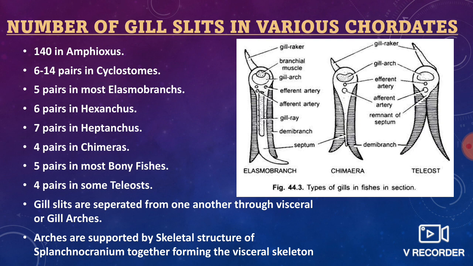As you can also see in the figure, gill slits are separated from one another through visceral or gill arches.